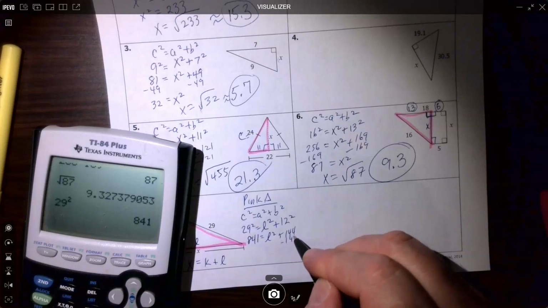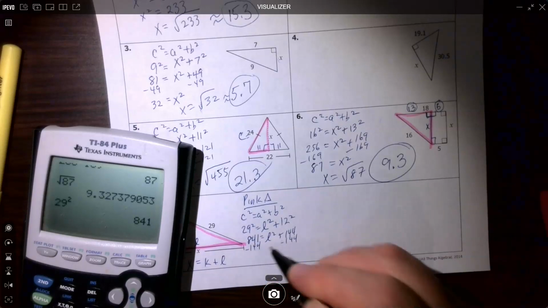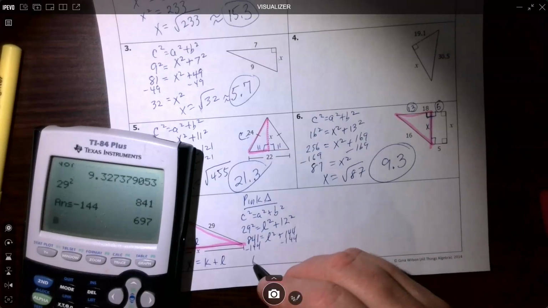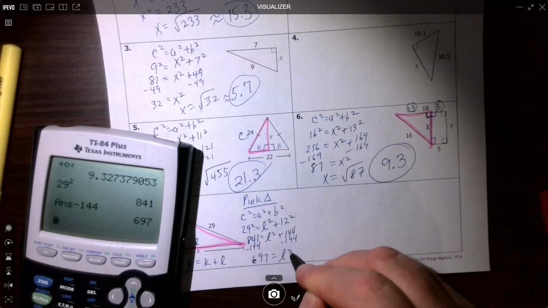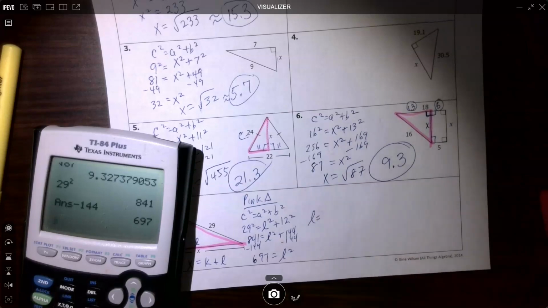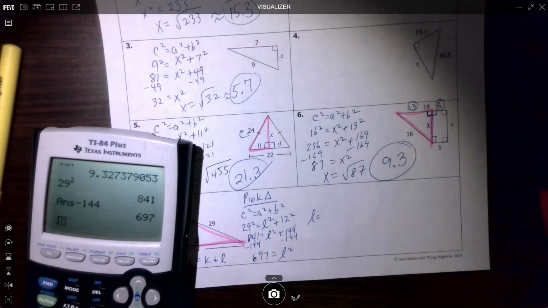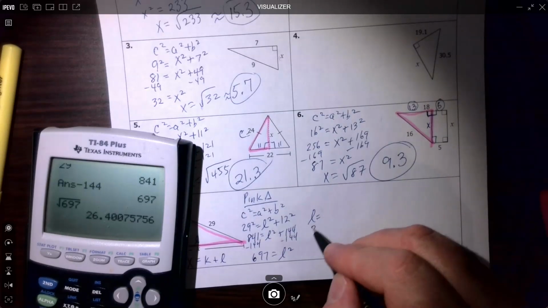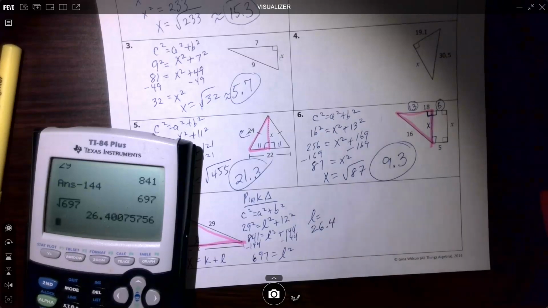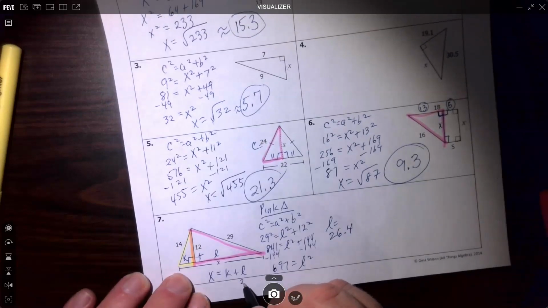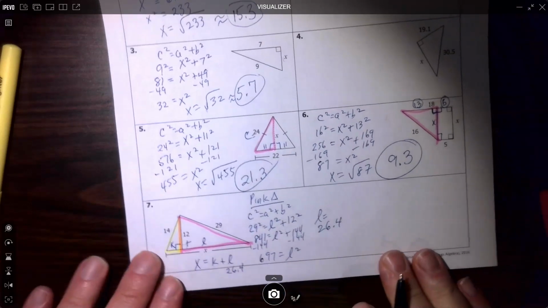So subtract: 841 minus 144 is 697. So L is equal to the square root of 697, which is 26.4. So that is part of it. Down here, I'm going to put 26.4. I have part of it.